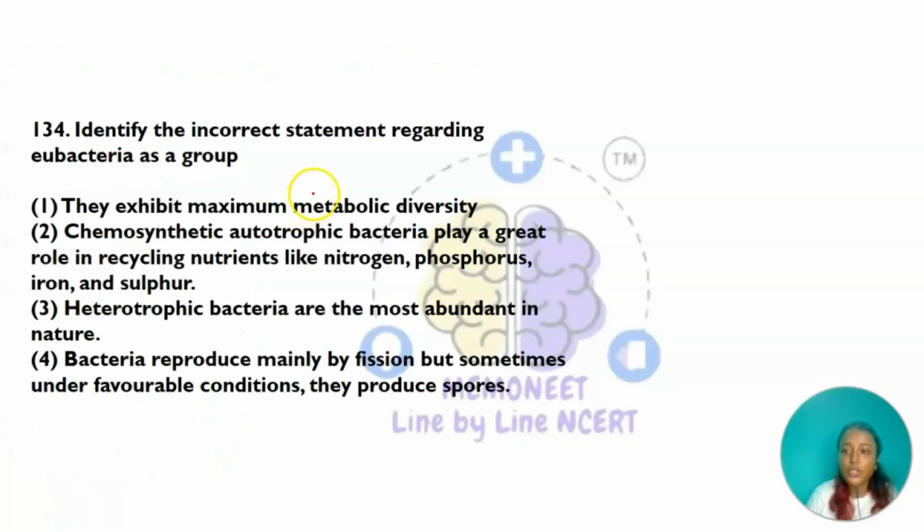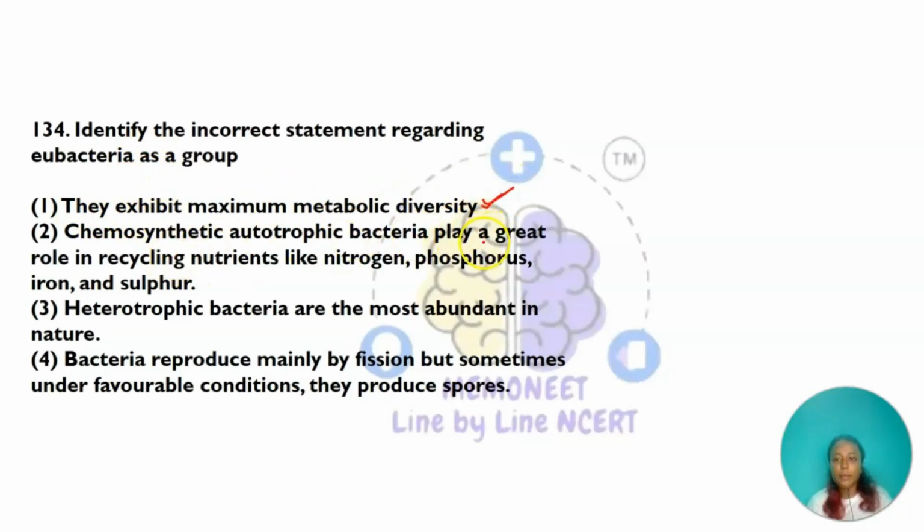Let's move on to the next one, which is: identify the incorrect statement regarding the eubacteria as a group. Eubacteria means true bacteria, which is the normal bacteria that we see here and there, which includes E. coli, etc. And the archaea are the primitive ones. So let's move on to the options. They exhibit maximum metabolic diversity, which is true.